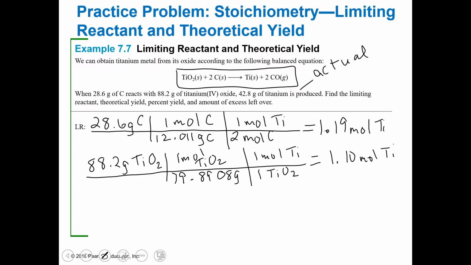So it is the titanium 4 oxide that is our limiting reagent, and the carbon is the one that's going to have excess or be left over or have leftovers. Okay. So now I'm going to go ahead and take my least amount here and convert that to grams.